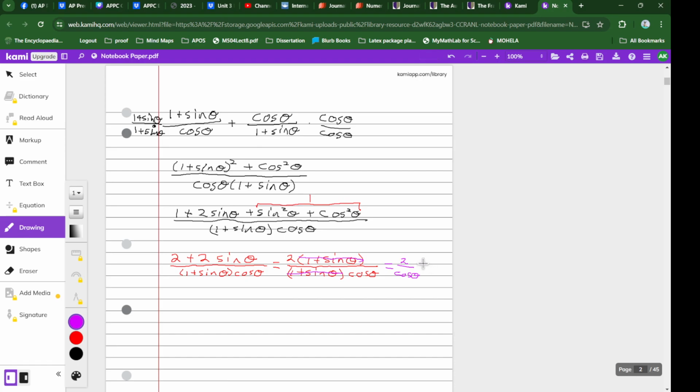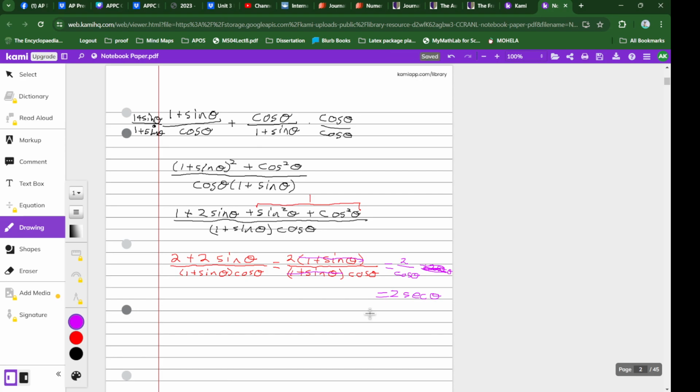And 2 over cosine theta is really just 2 secant theta, which I'll write just so it's a little clearer down here, 2 secant theta.